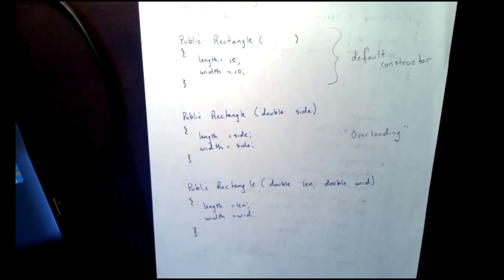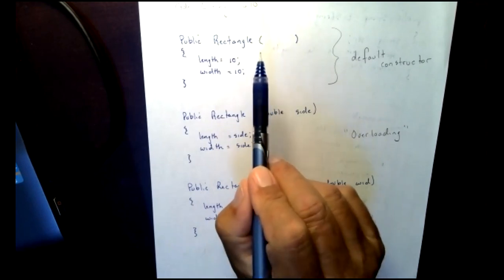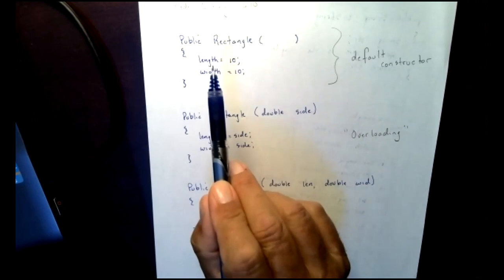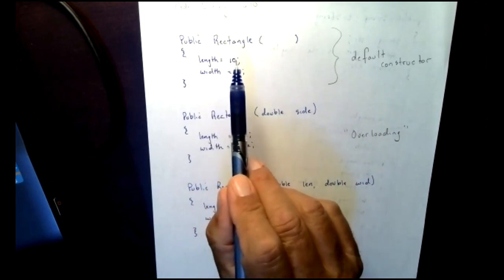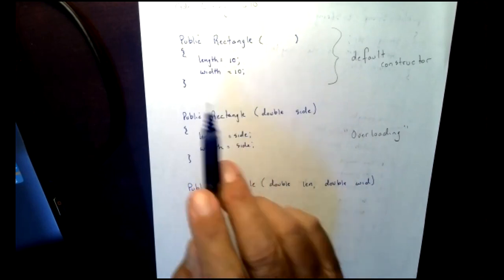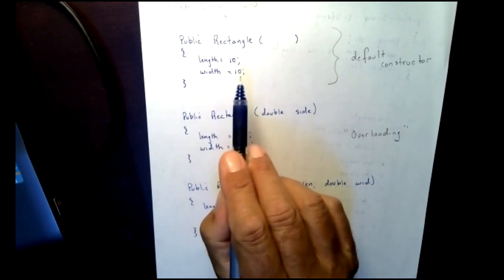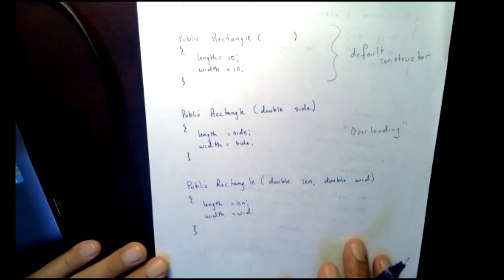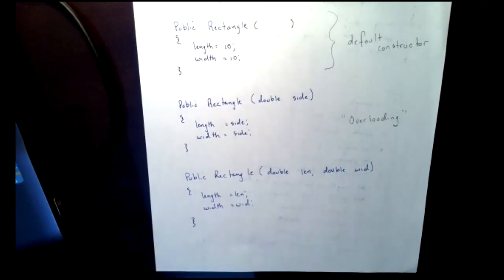So if I instantiate an object with empty parentheses, it's going to hit this constructor and say, hey, I'm going to give length an initial value of 10 and width an initial value of 10.